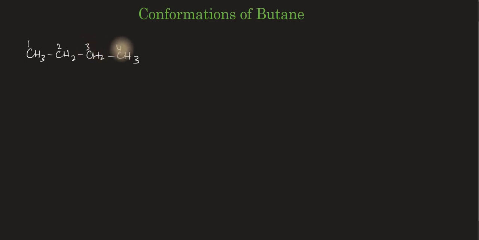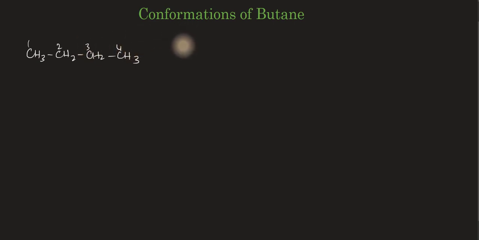Now basically conformations are different molecules or different structures which we get based on the rotation possible on a carbon-carbon single bond, or the sigma bond. So here the conformations can be drawn about C1 and C2, C2 and C3, and C3 and C4.